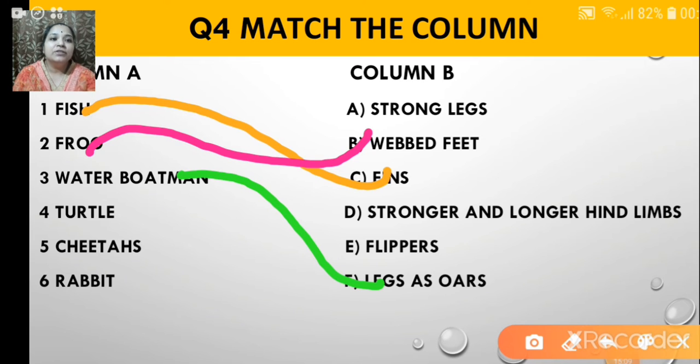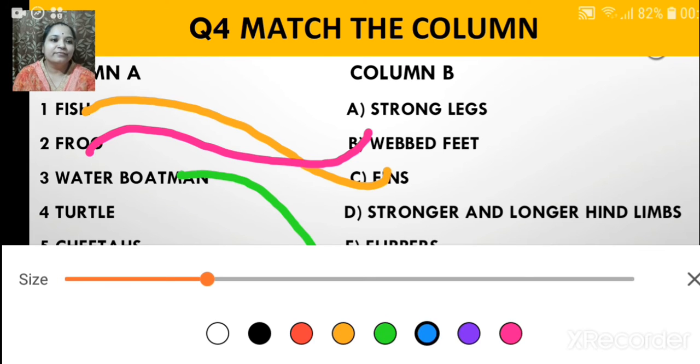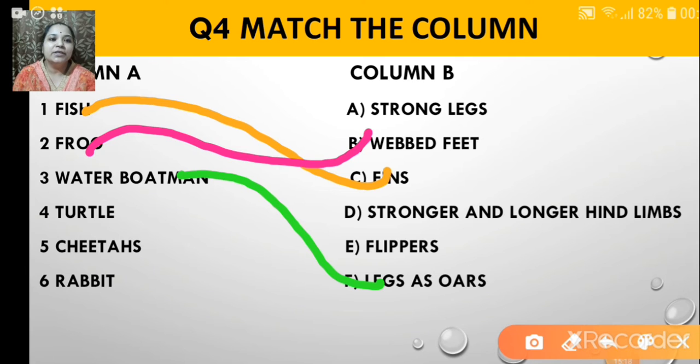Next is turtle. How does the turtle move? The turtle moves with the help of flippers. Cheetahs. How do cheetahs move?